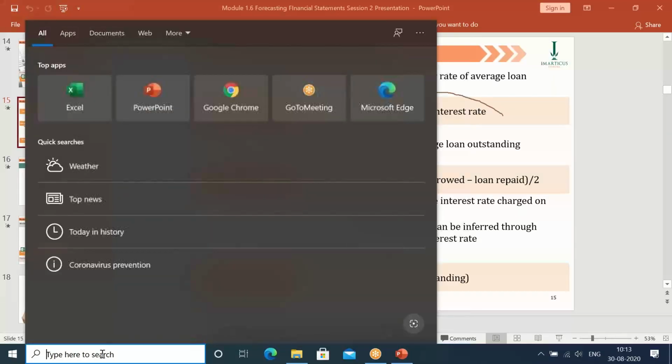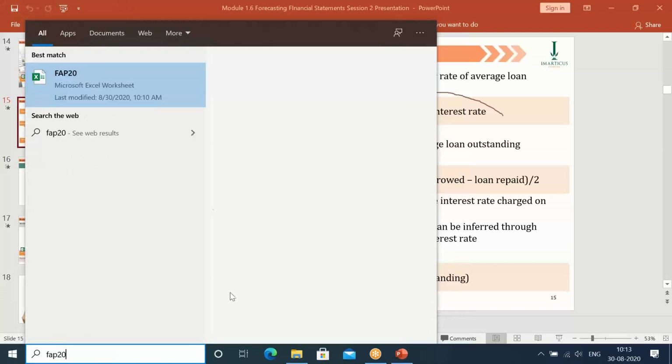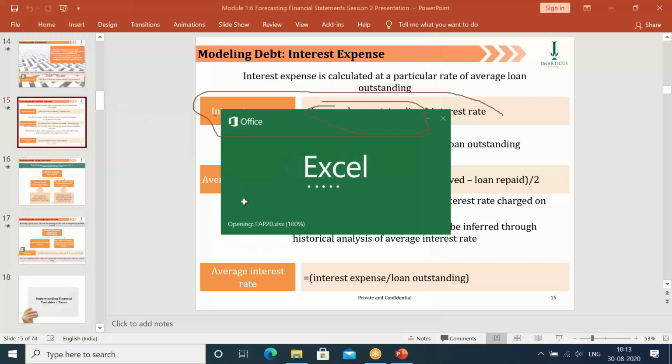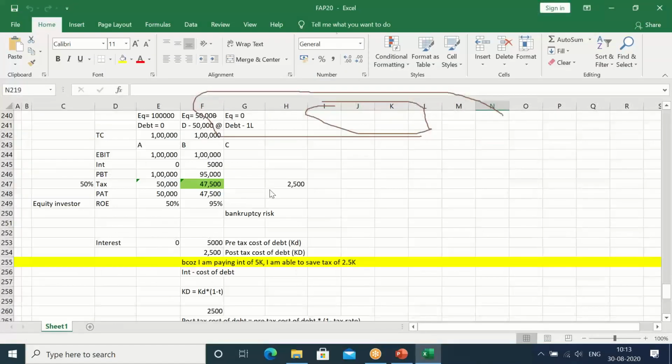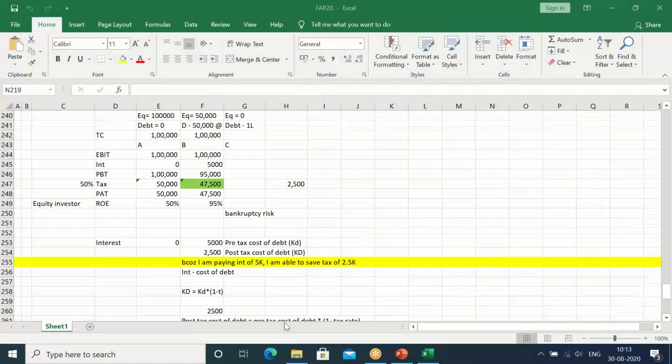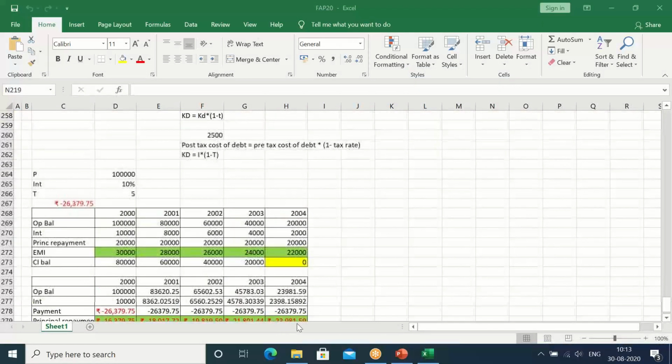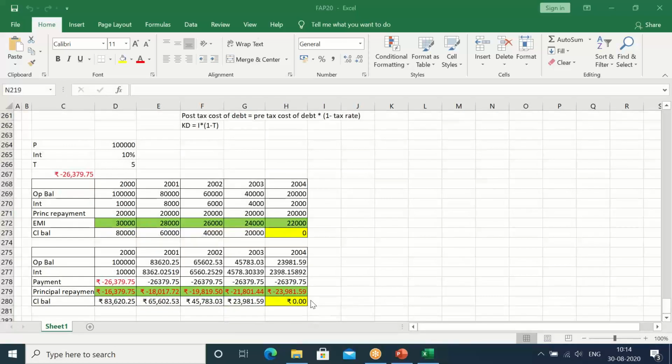It's typically... now the example that we discussed yesterday. This is the interest amount that we calculated.